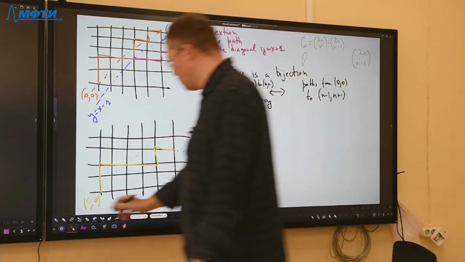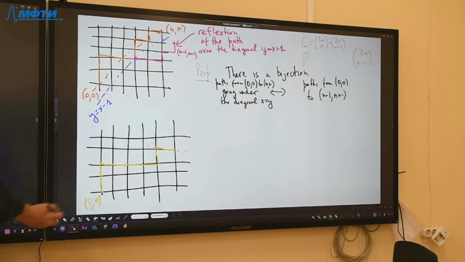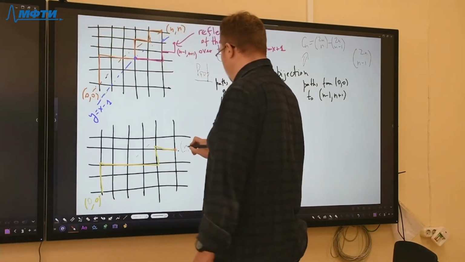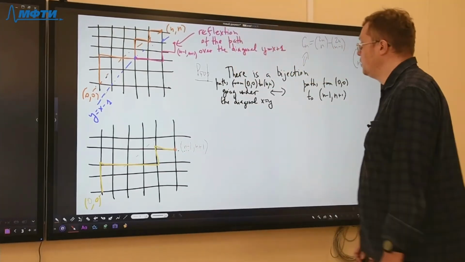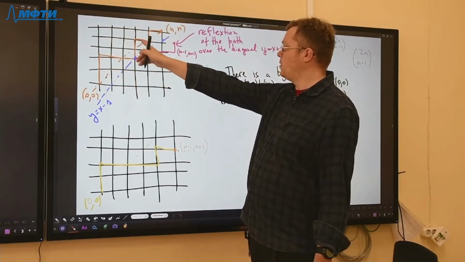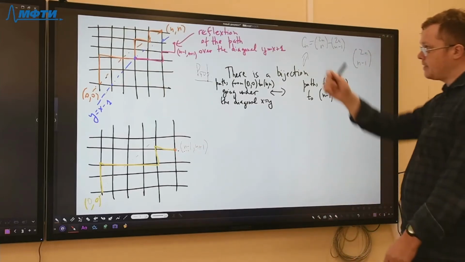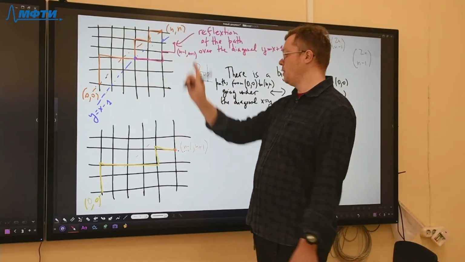And this is the formula for the Catalan numbers. But I need to prove, with this reflection method, that there is a bijection between paths from 0, 0 to n, n that at some time intersect the diagonal and go under it, and all the paths from 0, 0 to n minus 1, n plus 1.